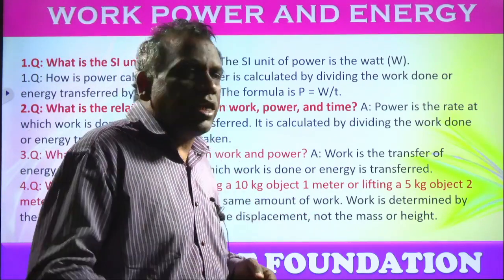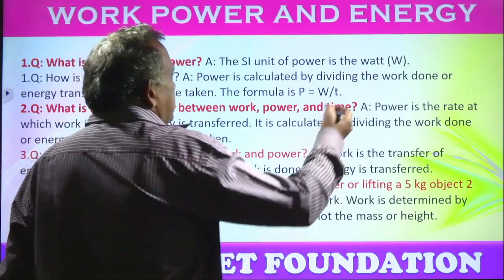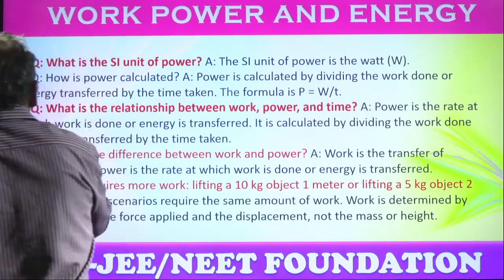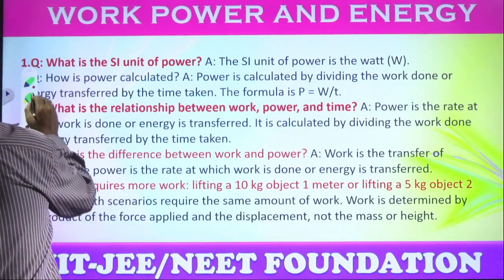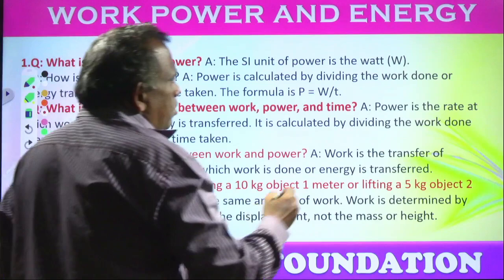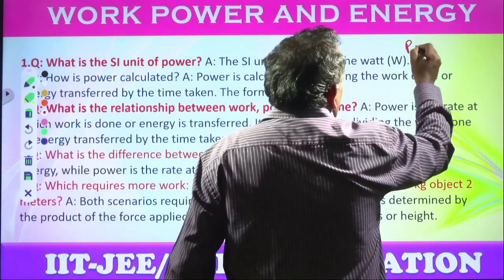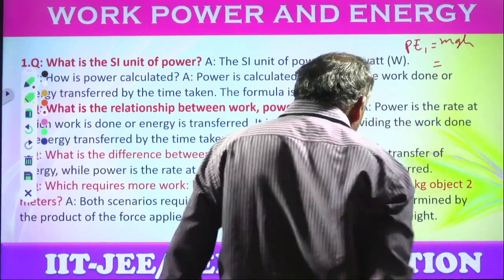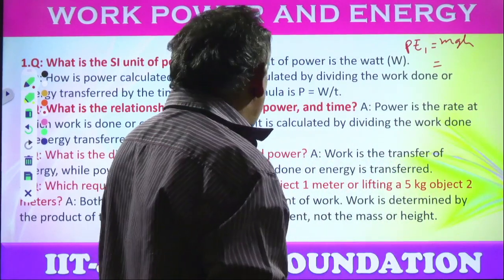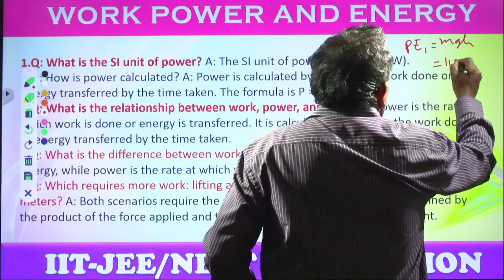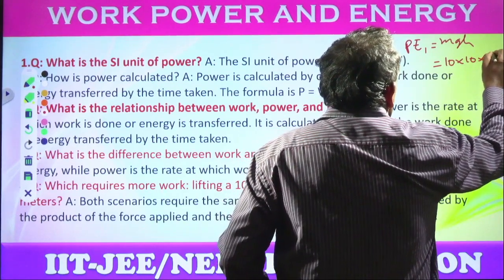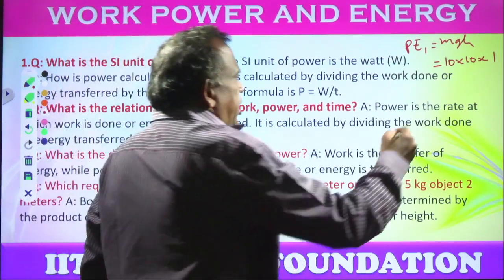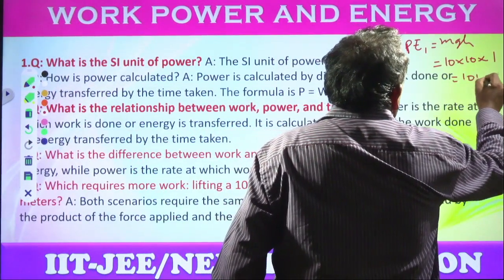If you try to calculate the potential energy of the two cases, the potential energy of the first case is mgh. Here m is 10 kg, gravity is 10, and height is 1 meter, so that is 100 joules.